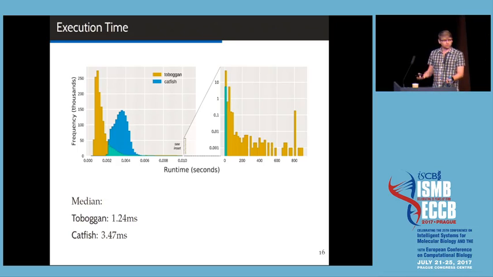So if you want to use it in practice, you would probably want to implement a timeout, and if the execution takes way too long, time out our algorithm and default back to another one as a backup solution. Because we solve the problem exactly, and the problem is NP-hard, sometimes the instance might be really hard to solve. But as you can see, at least in this data set, this didn't happen very often.